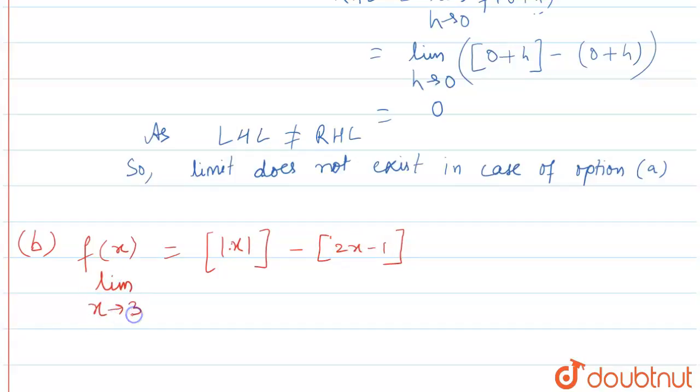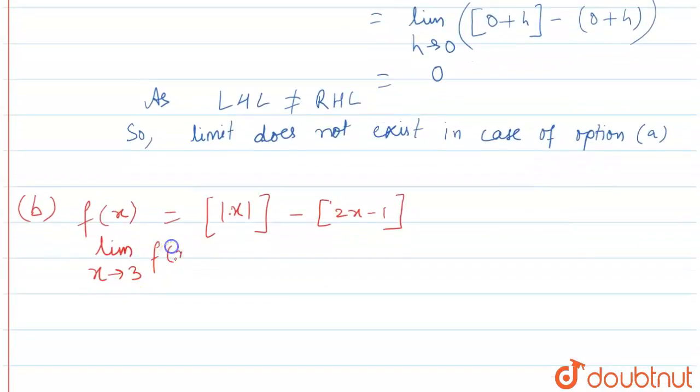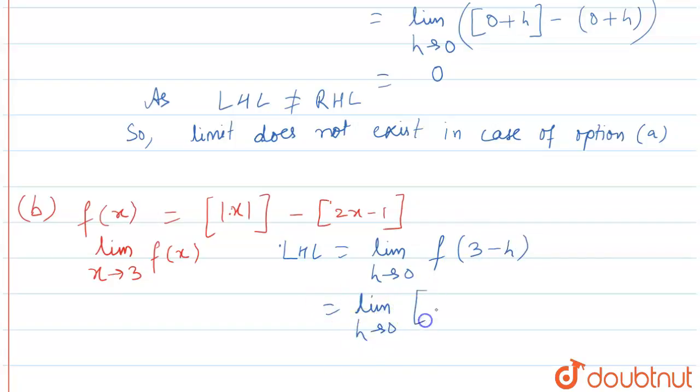See here we have c as 3. Now find LHL, and here we have limit x tends to 3 f of x. So we can write limit h tends to 0 f of 3 minus h, greatest integer of mod 3 minus h, then minus, here we have 6 minus 2h minus 1, greatest integer.